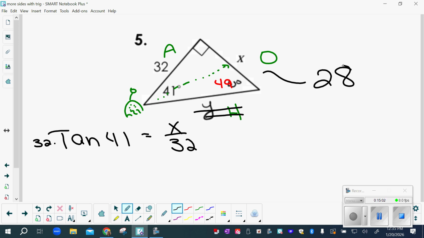Pick the one on the left side. 28? Okay. Not yet. Let me finish the last one. Now here comes the last one I'm going to do with you.